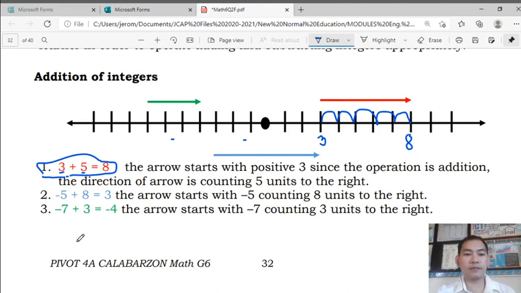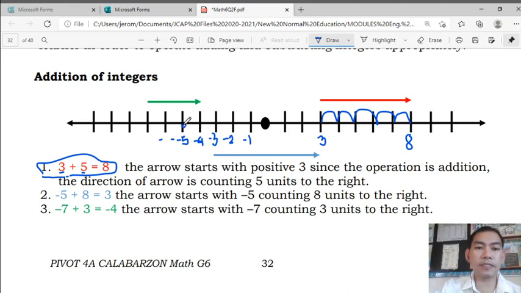Now, let's proceed to negative. Negative 5 plus positive 8. So negative 5, so this one is negative 1, negative 2, negative 3, negative 4, negative 5. Okay, our starting point is negative 5.